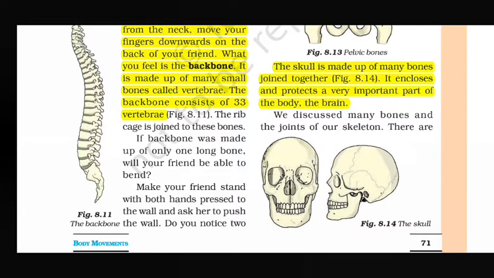The skull is made up of many bones joined together, and it encloses and protects a very important part of the body, that is the brain. This is the most important part of our entire body. This particular bone, the skull, protects our brain. Inside the skull we have our brain.